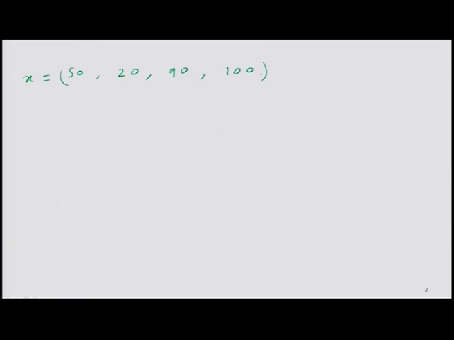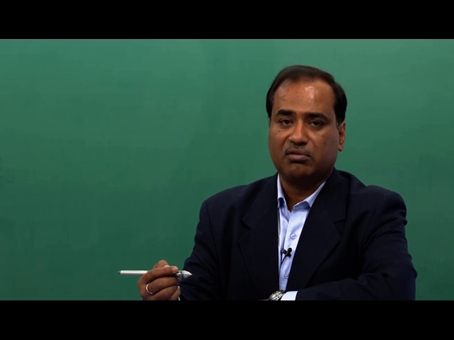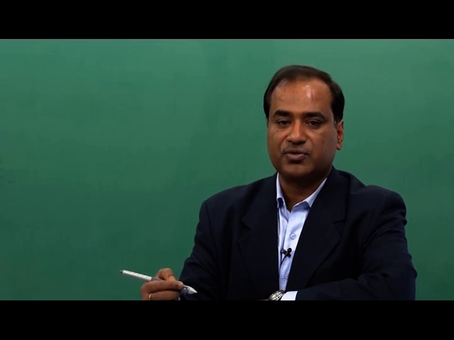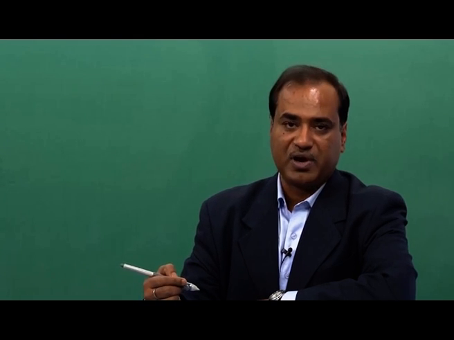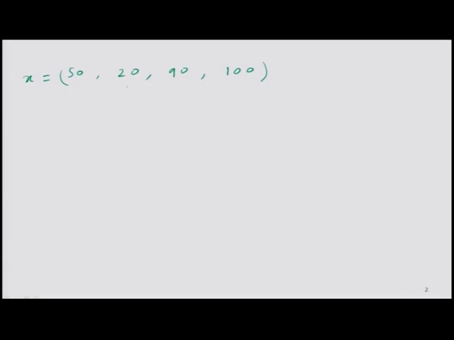Now, when I say sort, it means rearranging all those values in an increasing order of magnitude or decreasing order of magnitude. For example, what is the smallest value among these? This is the 20, the smallest value. And what is the maximum value here? This is 100, the largest value.